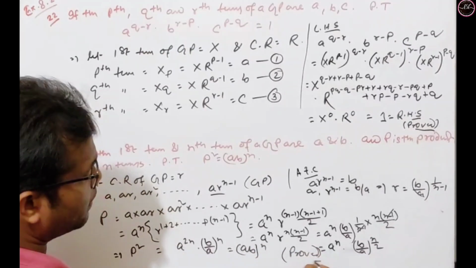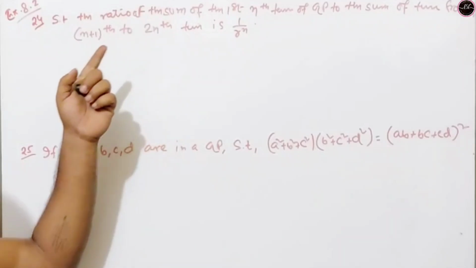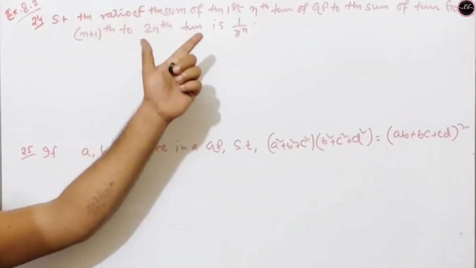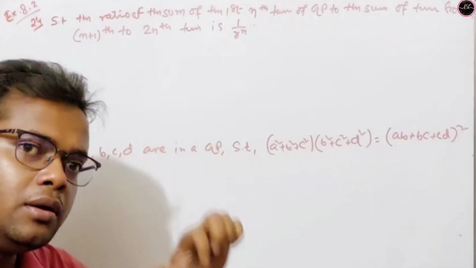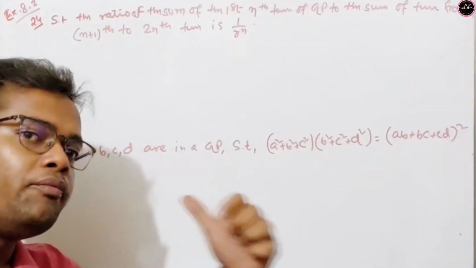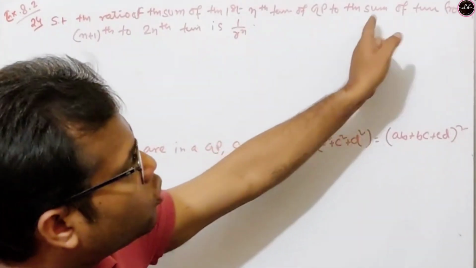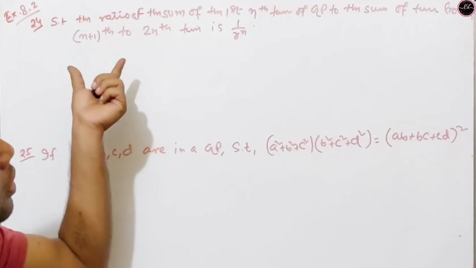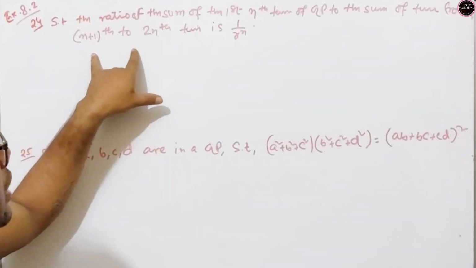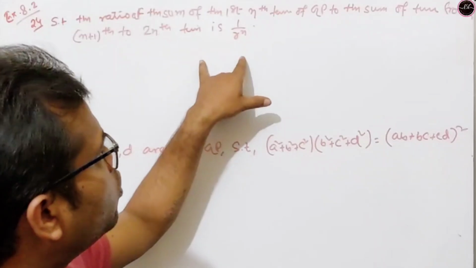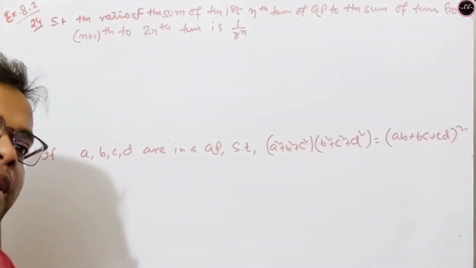Now this question: prove that the ratio of the sum of the first n terms of a GP to the sum of the terms from n plus 1 to 2n is 1 by R to the power n.